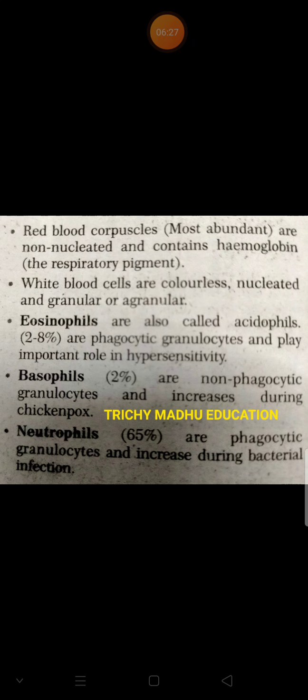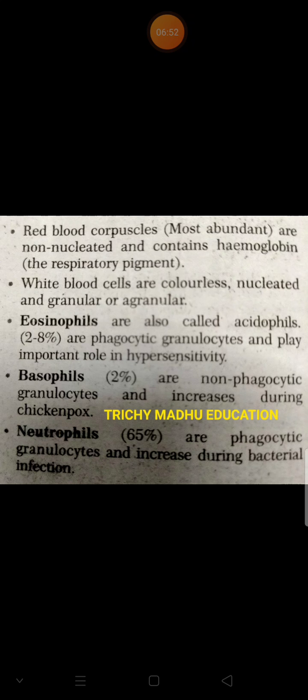White blood cells are colorless, nucleated, and granular or agranular. Eosinophils are also called acidophils, 2 to 8% in blood, are phagocytic granulocytes and play an important role in hypersensitivity. Basophils, 2% in the blood, are non-phagocytic granulocytes and increase during chickenpox.